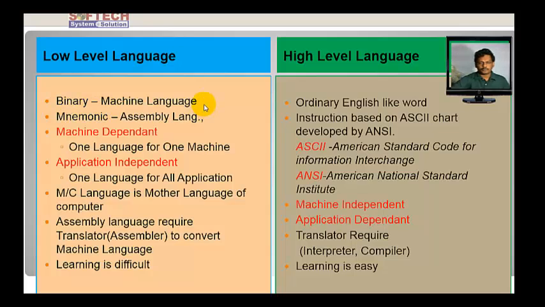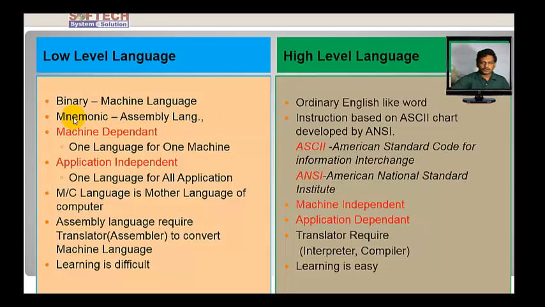This is very tedious because it has only two symbols, 1 and 0. If we want to write India in binary form, we put a combination of zeros and ones. But it is very tedious to learn.